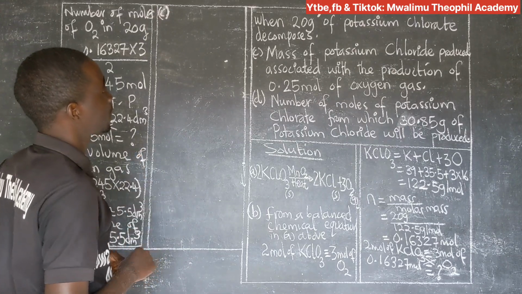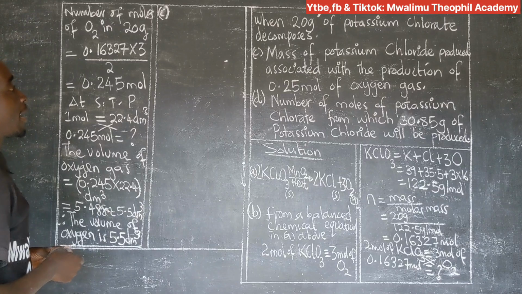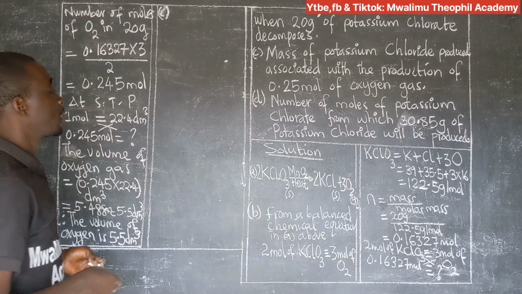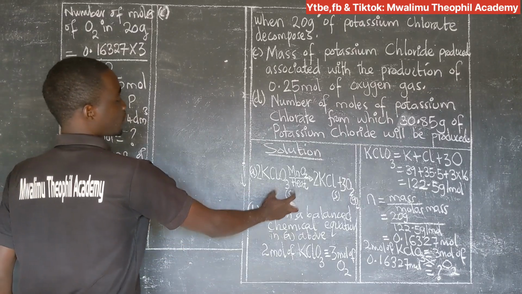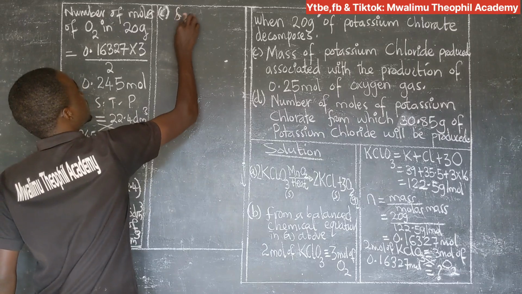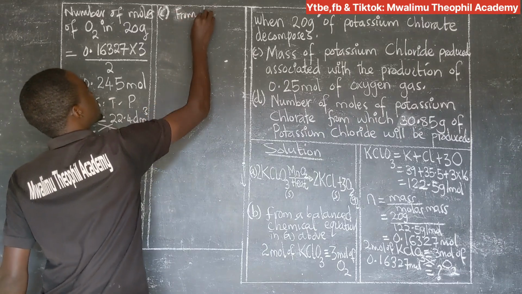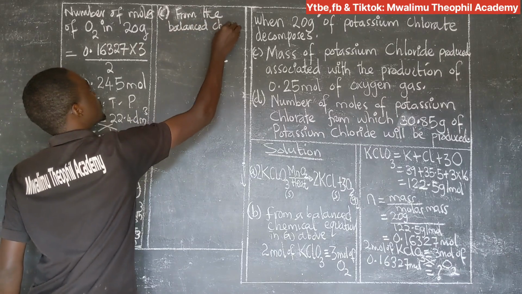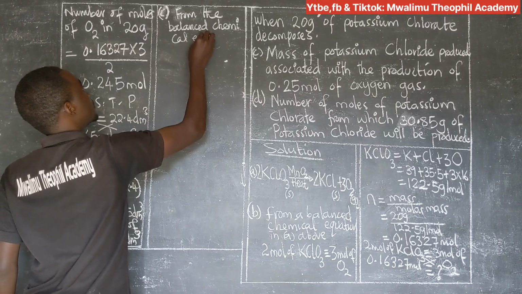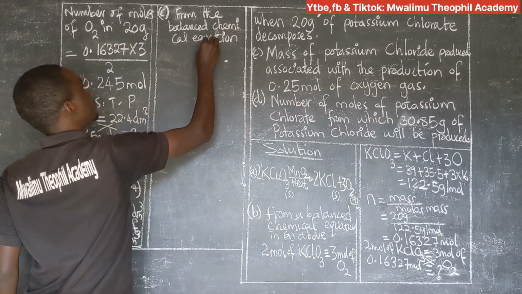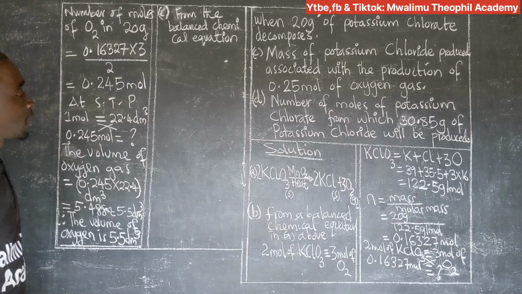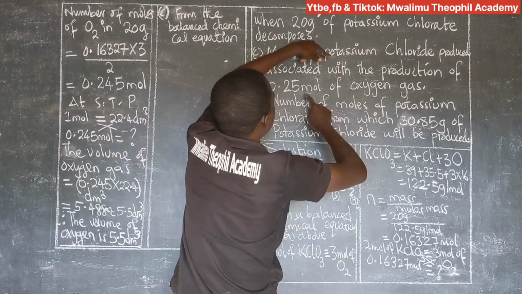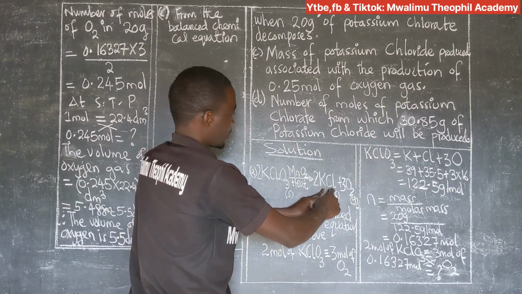In part C, you're required to calculate the mass of potassium chloride produced associated with the production of 0.25 mole of oxygen gas. As usual, our mirror is the balanced chemical equation, this one. From the balanced chemical equation, we are going to relate potassium chloride and oxygen gas.